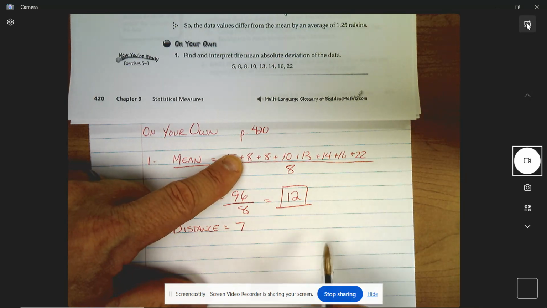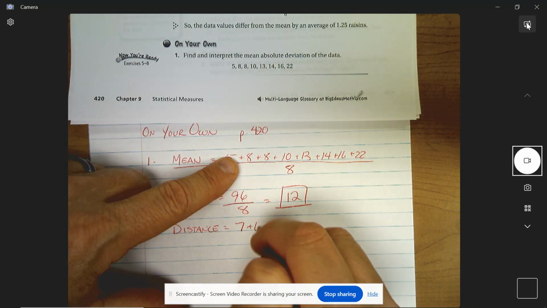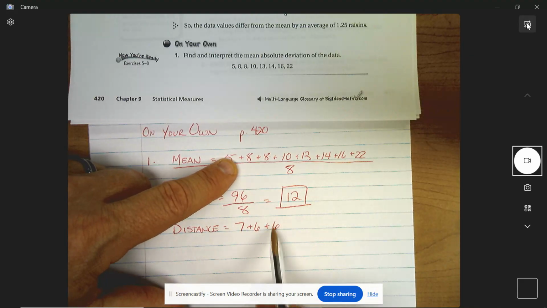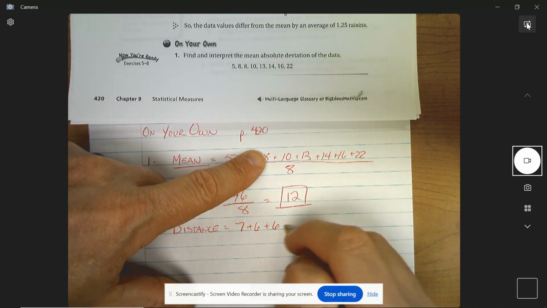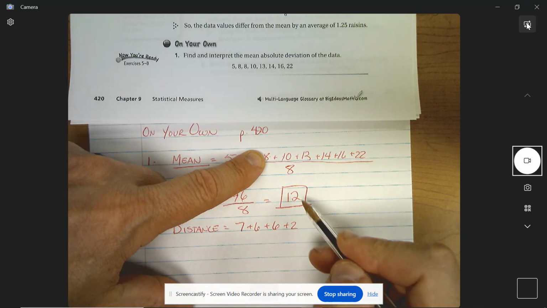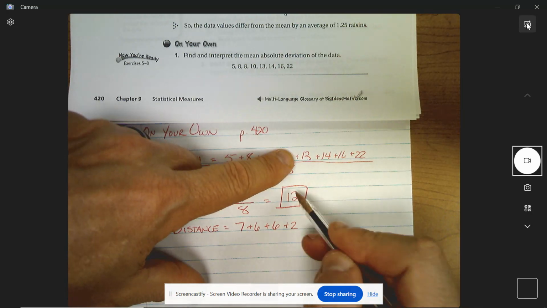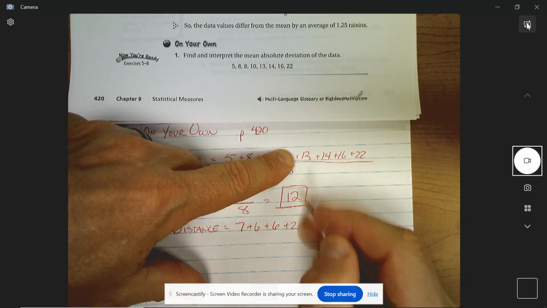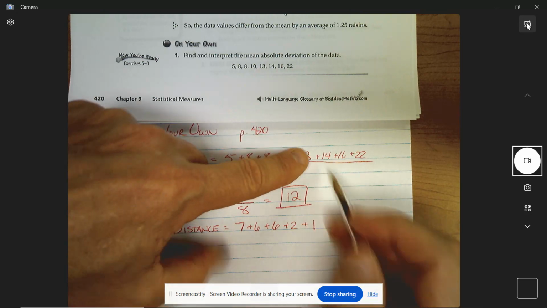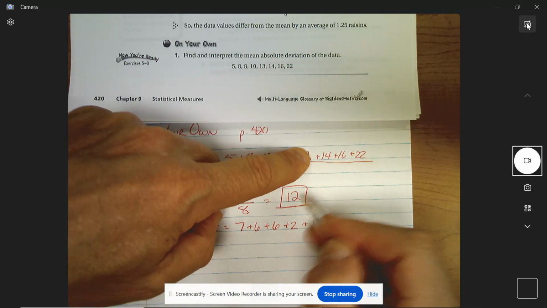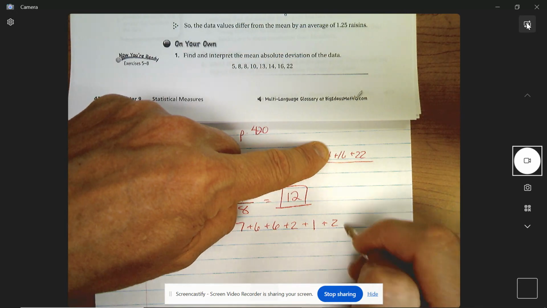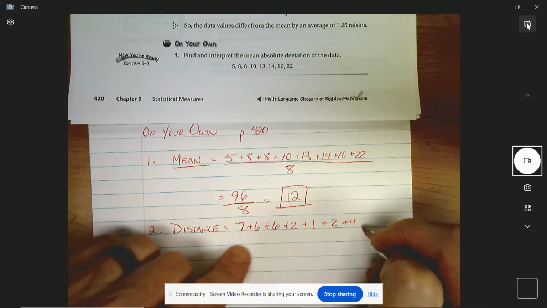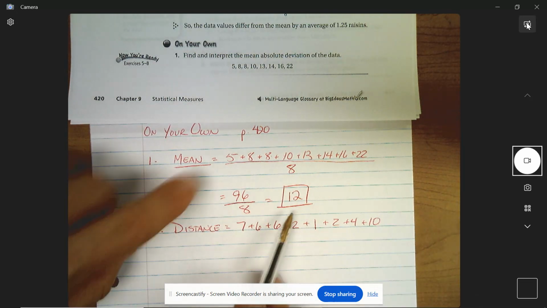From 12 to 8 is 6. Got 2 of those. The distance from 12 to 10 is 2. The distance from 12 to 13, that's only 1. From 12 to 14 is 2. From 12 to 16, that looks like 4. And then 12 to 22, that's going to be 10.